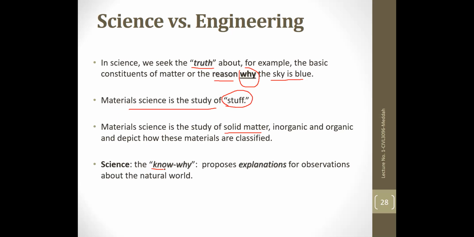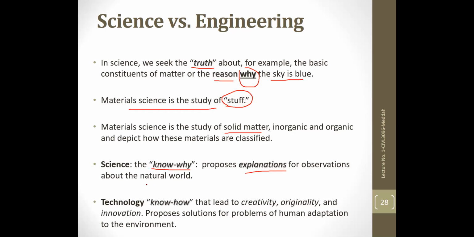So science wants to know why, providing explanation for observation about the natural world. Technology or engineering is mostly focusing on knowing how you design it, how you create it, how you provide it, how you make it better.